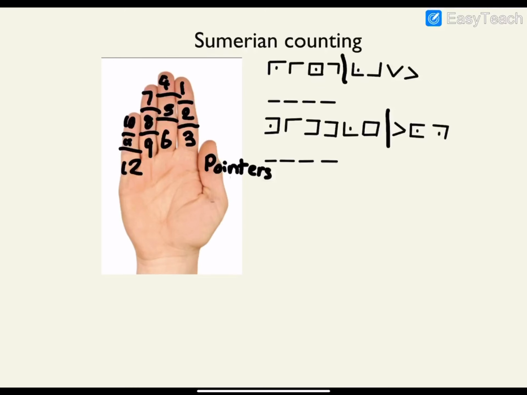The second one tells you which knuckle. For example, top, middle, and last or bottom. Now you could stop the video and try and figure out what the number is.